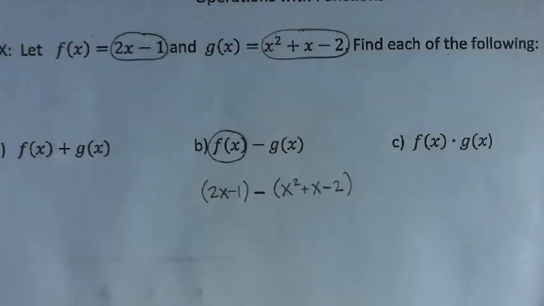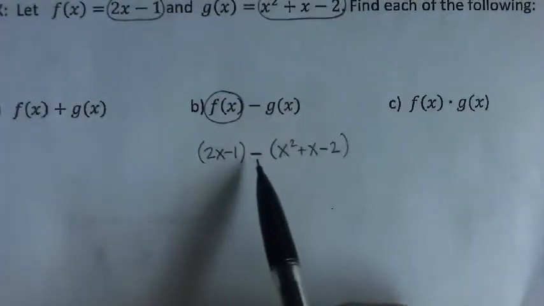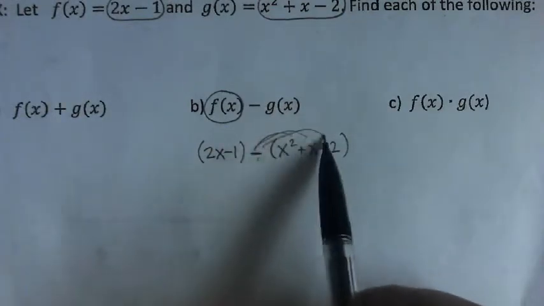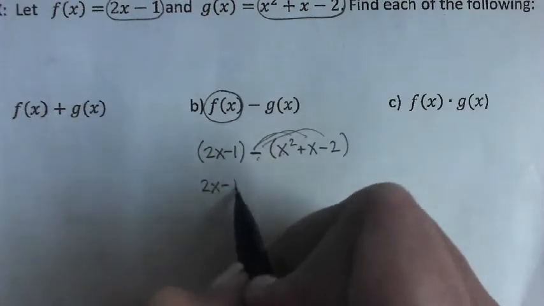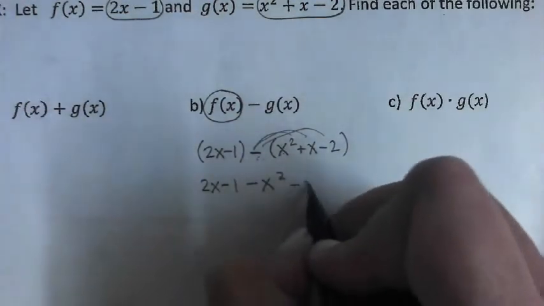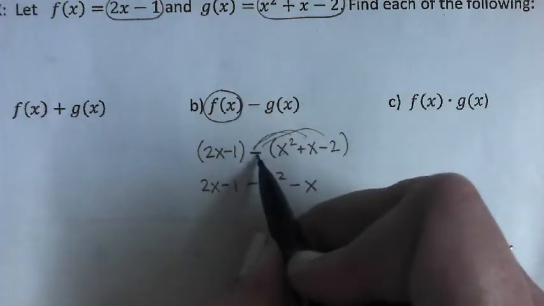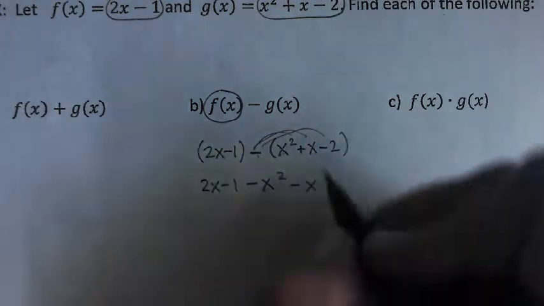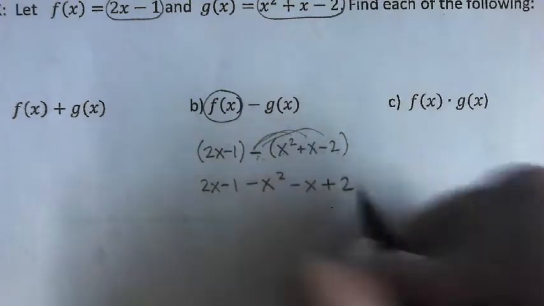And then simplify. So we have to distribute the negative to the second set of parentheses. That's going to be 2x minus 1 minus x squared minus x. What happens when you subtract a negative 2? Turns to plus 2.